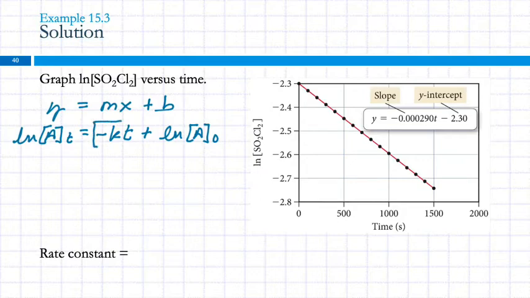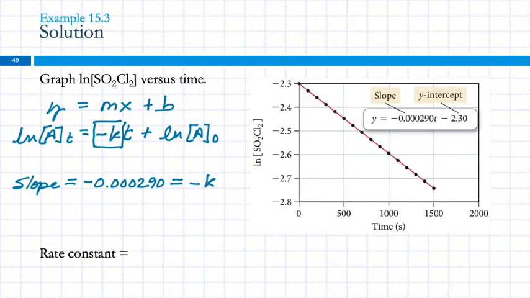So the slope is negative k. The slope is listed there as negative 0.000290, and that is equal to negative k.